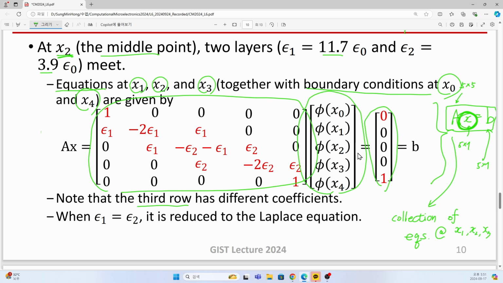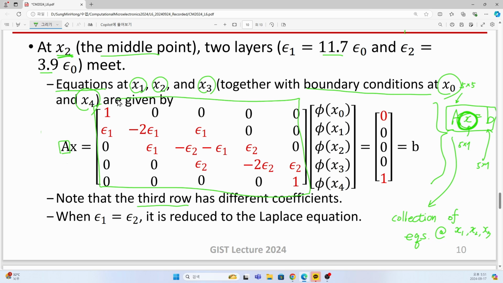Of course, when you actually implement this, first of all, you have to construct a matrix corresponding to this, and also implement the b vector here, and after that you must use a certain library to solve the Ax = b problem.